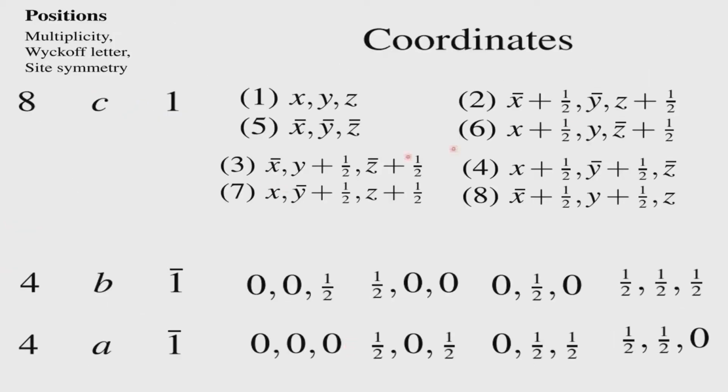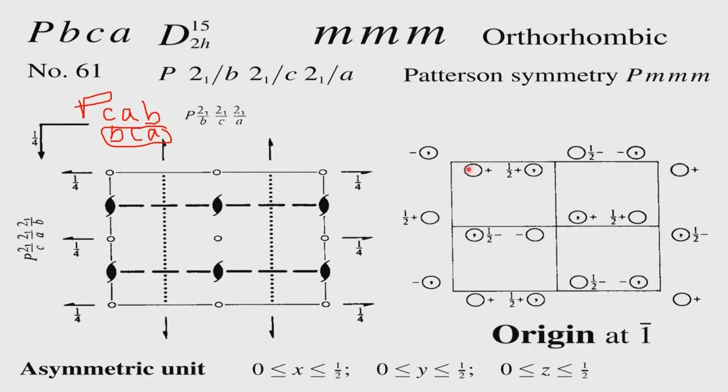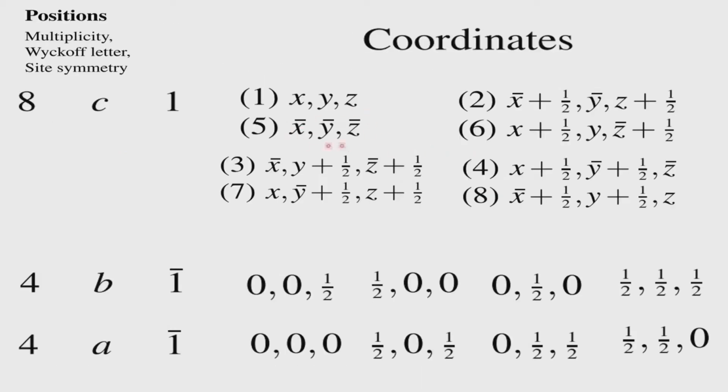And at the same time also look at the equivalent points. Here there are 6 equivalent points. Here is something which we have to see: 1 and 5 are shown as x, y, z and x bar, y bar, z bar. I want you to do a little exercise here. So 1, 5, 2, 6, you take these 4 to start with and then generate these 4. And 1 is x, y, z, so we go back to the previous slide. You see this is 1, and then 5 is this one, because 5 is x bar, y bar, z bar.